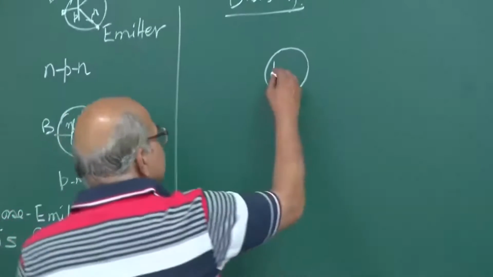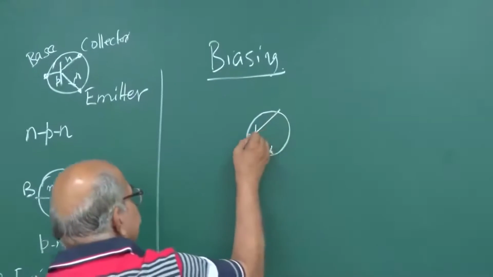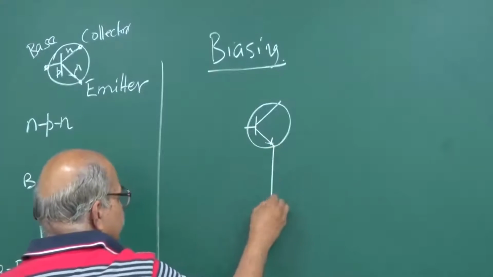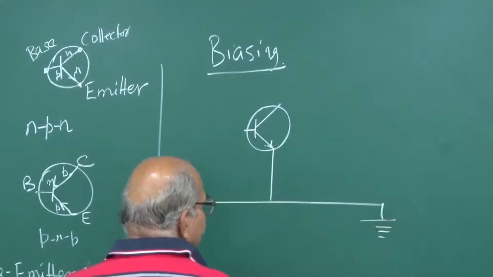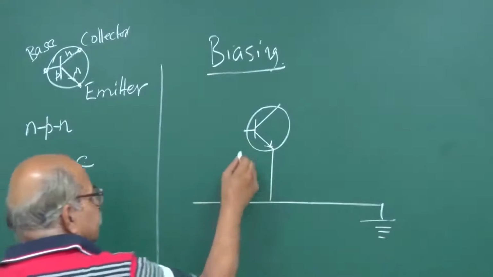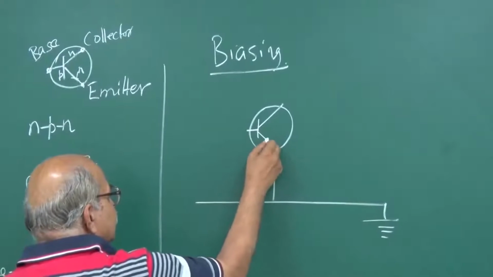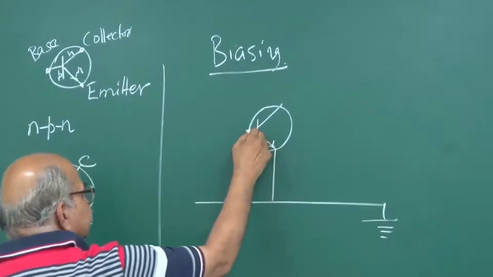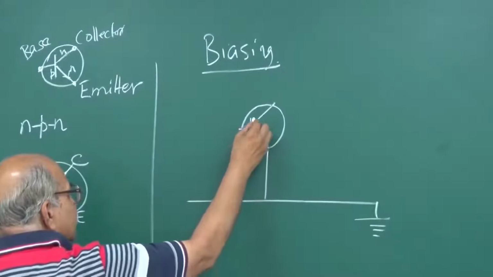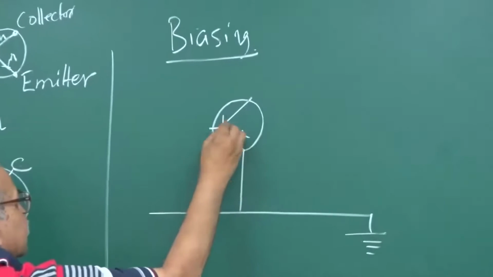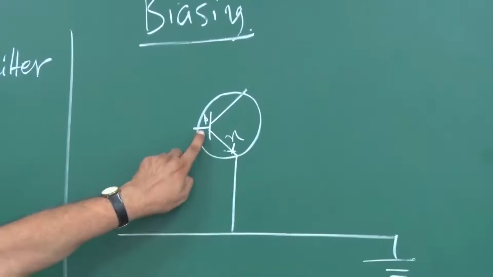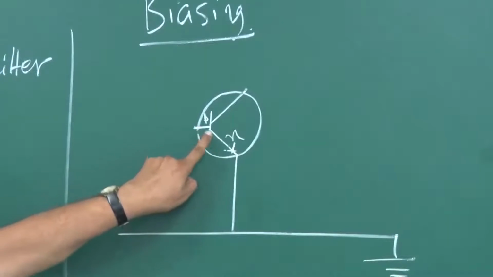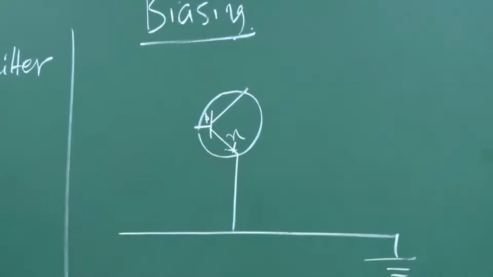So, let us take this as the common terminal, 0, grounding, and then the base emitter junction should be forward biased, and remember this is NPN. So, this is N and this is P, and this should be forward biased. That means the base should be at a higher potential than the emitter. So, that is the forward biasing.